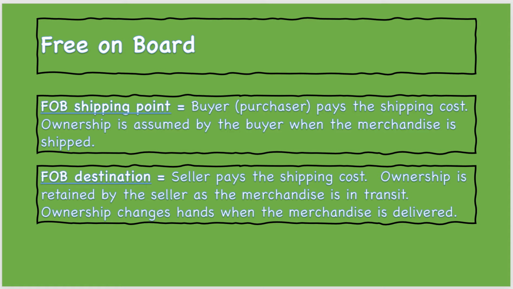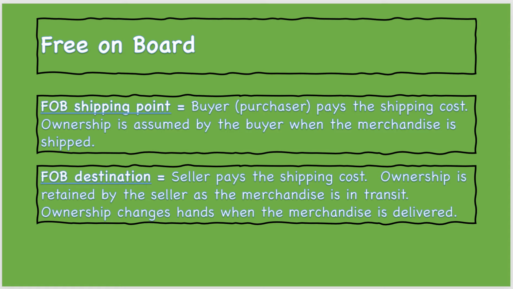Now, FOB destination says that the seller pays the shipping cost. Okay? When does ownership change when we're talking about FOB destination? Well, ownership is retained by the seller as the merchandise is in transit, meaning ownership only changes hands when that merchandise is delivered to the buyer. So let's say we have FOB destination with this Revlon Target order.